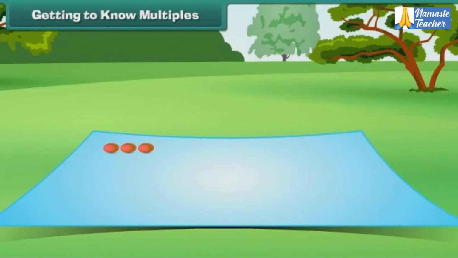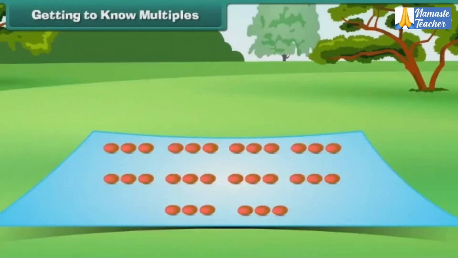Miss Rita points to another student. She recalls that 3 twos are 6. She places 6 pebbles on the hanky in front of her. This process is repeated till the 10th student placed 30 pebbles on the hanky in front of her.